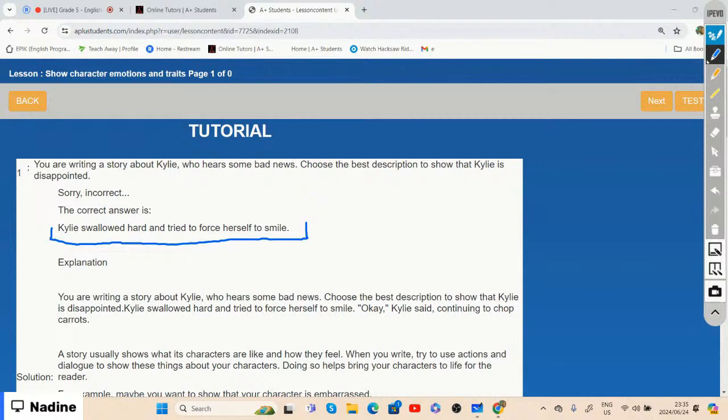So when it comes to characters and when it comes to you writing a story, then a story will usually show what the characters are like, and a story will show how the characters feel. So when you write the story, then you need to show what the characters are like. You need to show how the characters feel in the forms of using action, using dialogue, right?